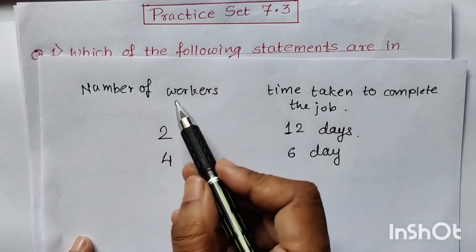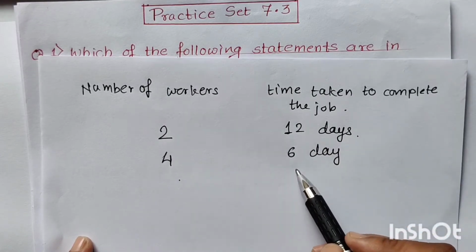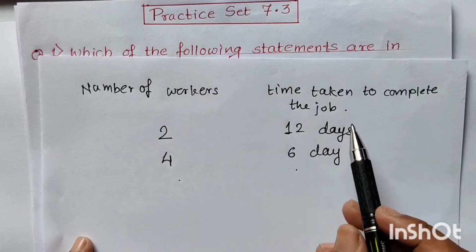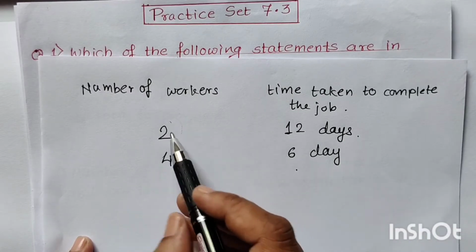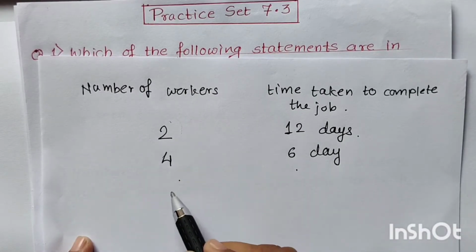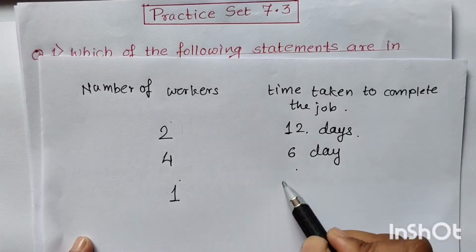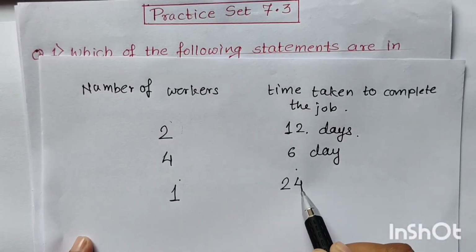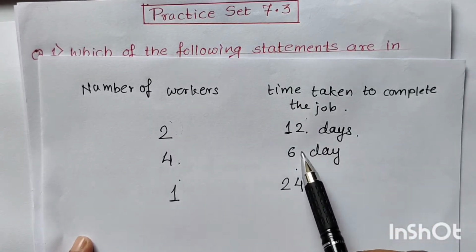When the number of workers increases, time taken by them decreases. When the number of workers decreases, in place of 2 workers, if only 1 worker is doing the same work, then the number of days will be increasing. It becomes 24. So when one quantity is increasing, the second quantity is decreasing.